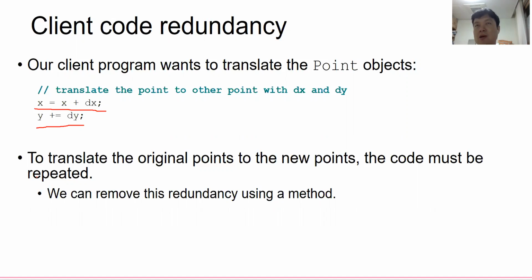Every point has the behavior to translate, even though they may not translate, they have the same behavior. So we can remove this redundancy using a method.